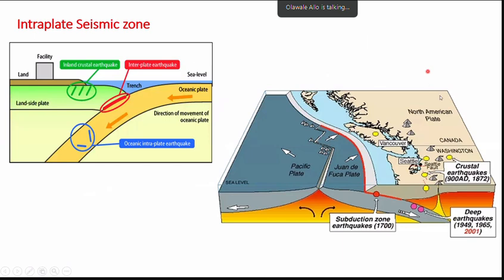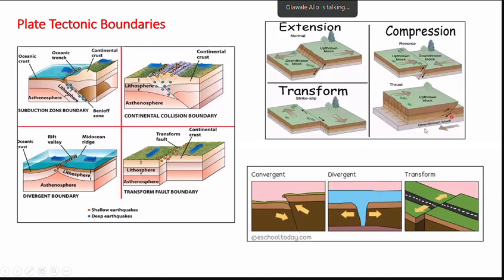You are still going to learn more about that. You can see this is another one, down-thrown, up-thrown. One is sliding under the other. This is a transform. And we have explained this again. Then another one is convergence, divergence, and transform. Divergence is where they are both separating, and transform is this.